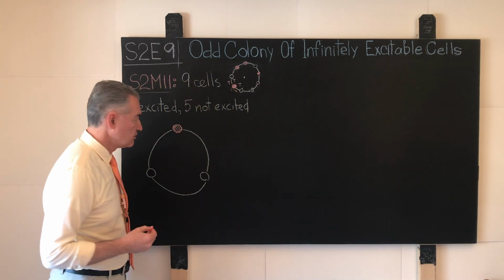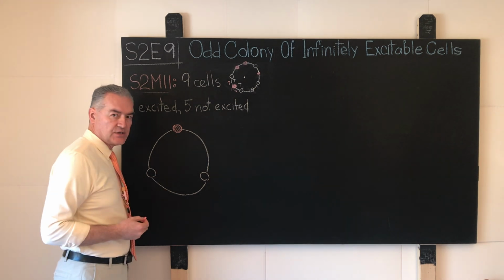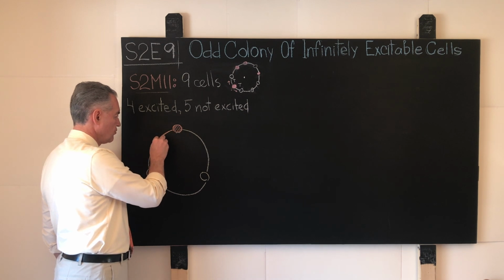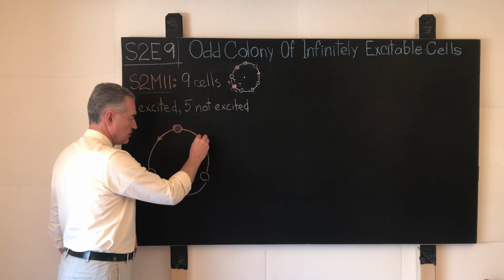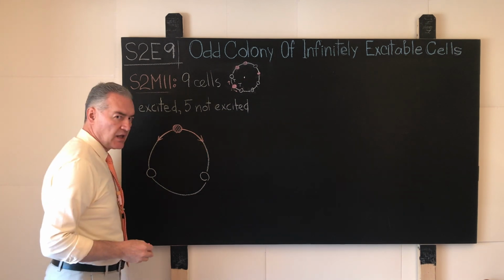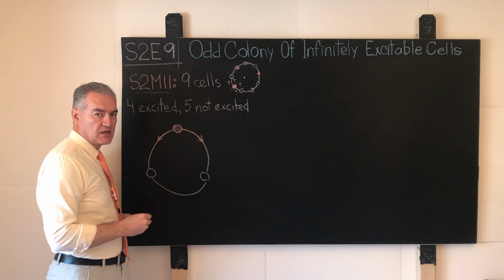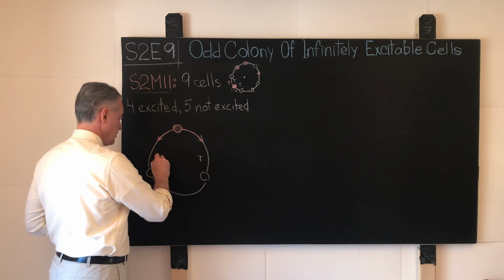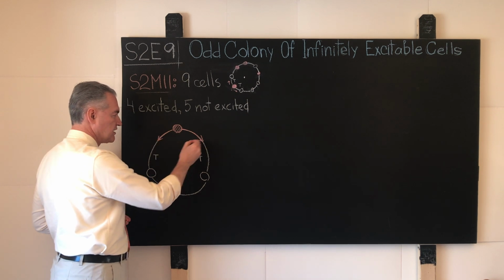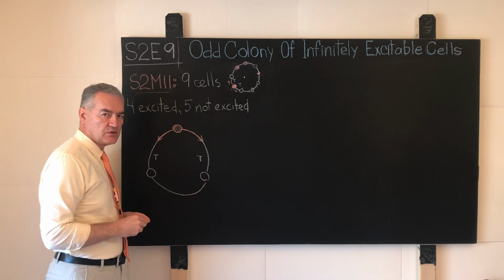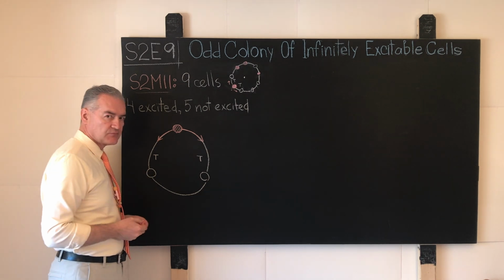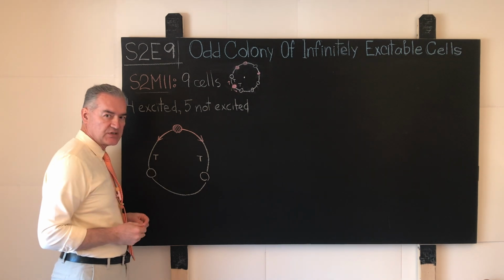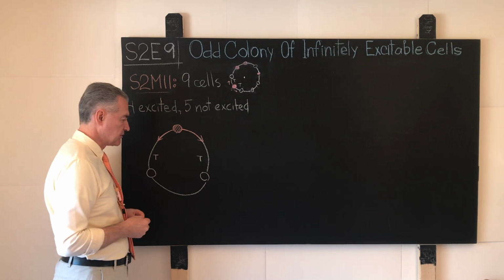In this specific scenario, how will the time evolution of this colony progress? Well, we know that the moment this cell becomes excited, it emits 2 signals, one in this direction and one in this direction. And we know that in exactly the same unit of time, again, t over here and t over here, both of these signals will reach their effective left and right neighbors with respect to the signal emitting cell at the same time and simultaneously.